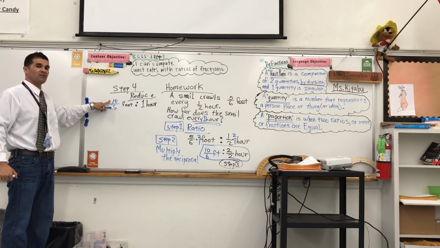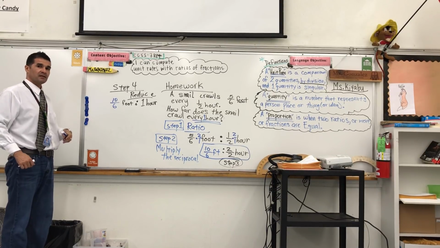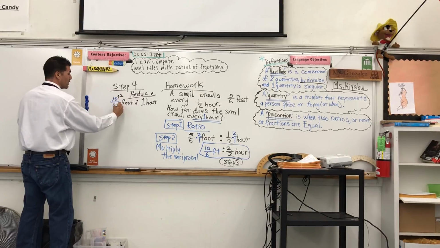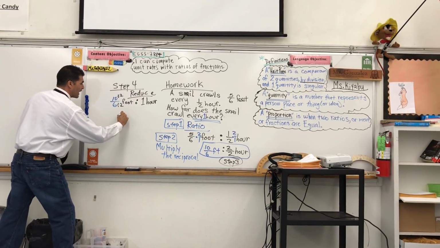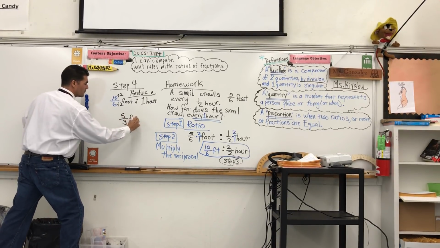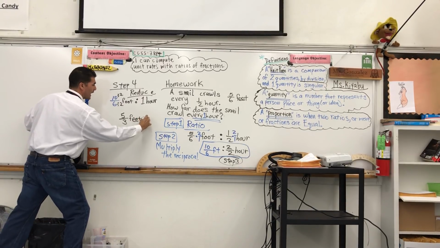We've been studying that since the first week of school. What's the GCF of 10 and 6? That's right, it's 2. So let me divide the numerator by 2 and the denominator by 2. I'm going to get 5/3 feet per hour.